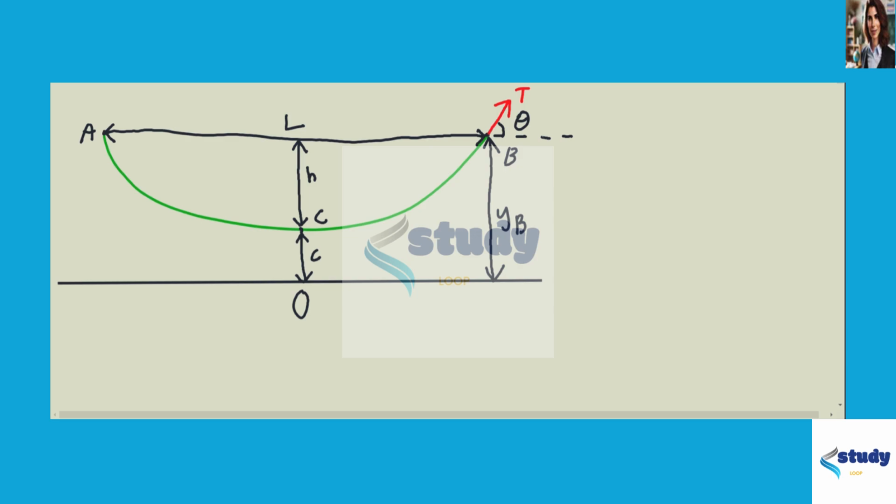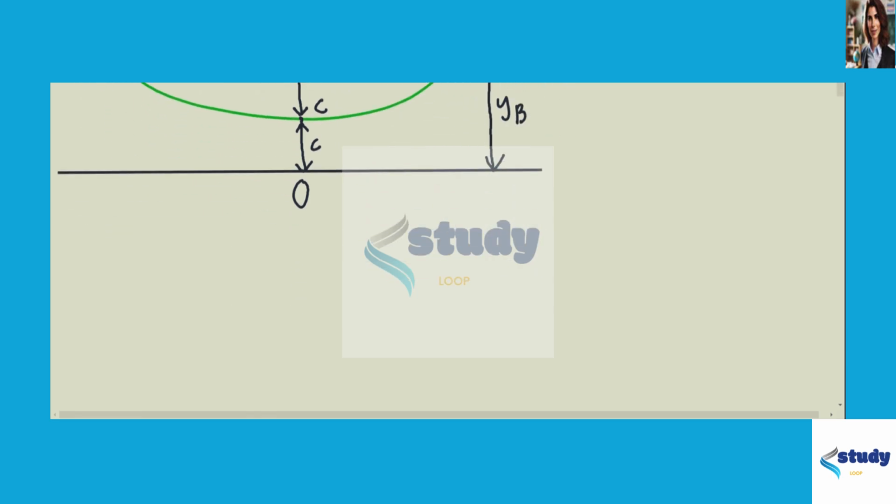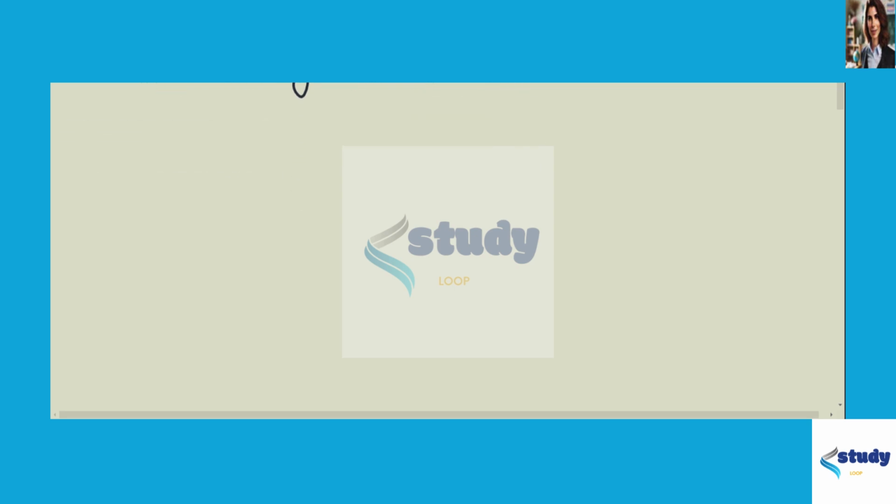So I'm going to start the problem by first writing the equation for the length y of B. So y of B we know is going to be equal to c times the hyperbolic cosine of L over 2 divided by c.